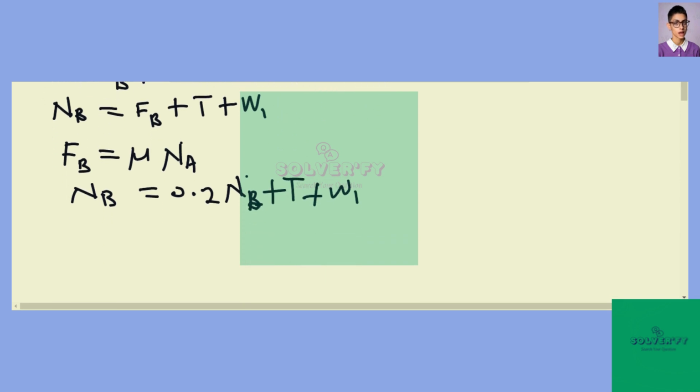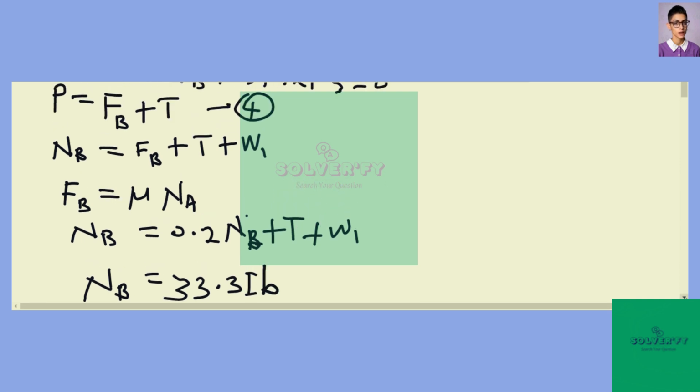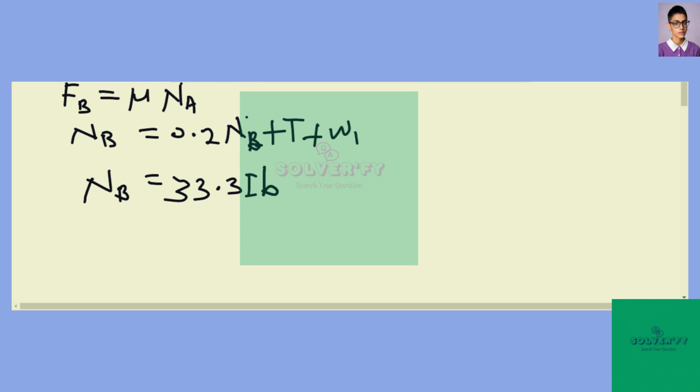When you do that, we already know that T is equal to FB. Therefore, we are going to have our NB finally equal to 33.3 lb. But we need to get the force, so just put NB into equation 2.